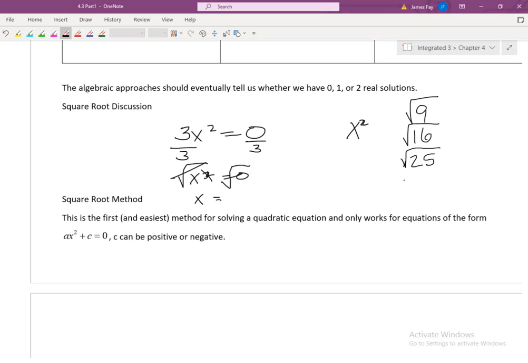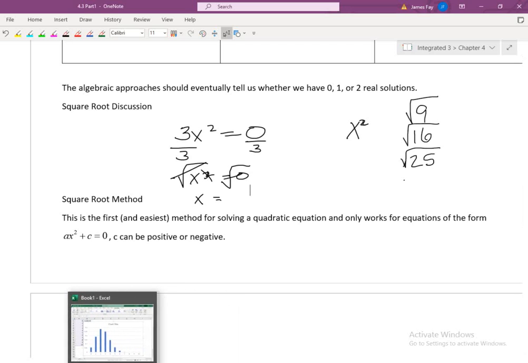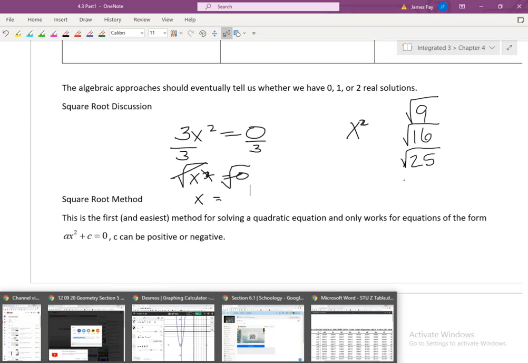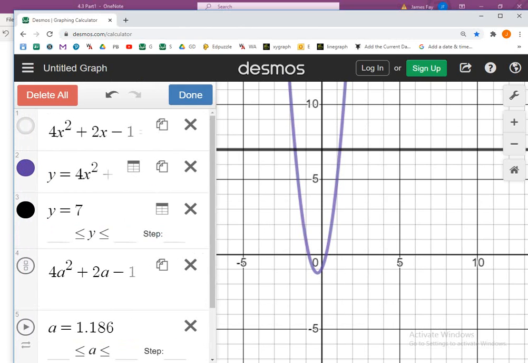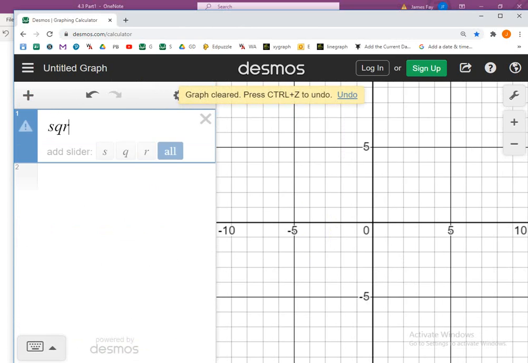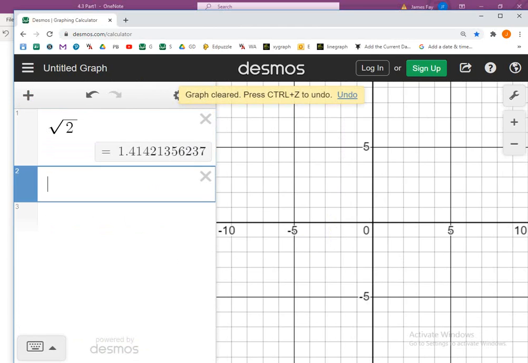But if I go square root of 2, that's like 1.4144, something like that. Let's see what square root of 2 is real quick here. Okay, so the square root of 2 is that number right there. Does anybody know what that really means? It's a radical 2, or square root of 2.